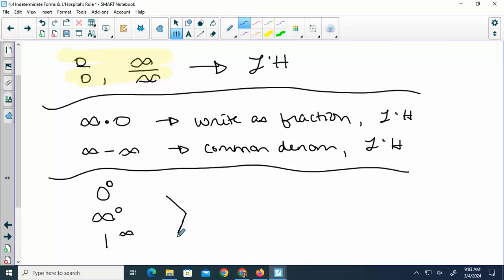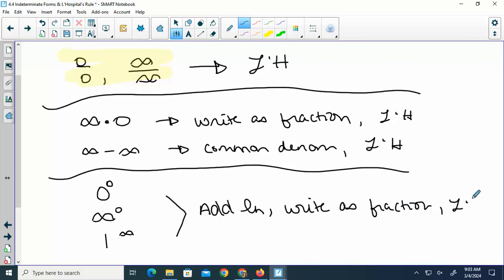And with any of these, we add the natural log, write it as a fraction, do L'Hopital's, and the answer is e to that number, because we had to add the e to cancel the natural log.